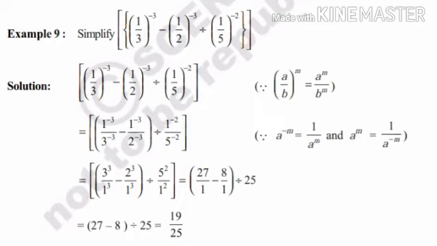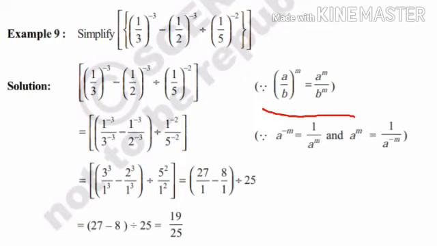Simplify (1/3)^-3 - (1/2)^-3 ÷ (1/5)^-2. Solution: (1/3)^-3 - (1/2)^-3 ÷ (1/5)^-2.